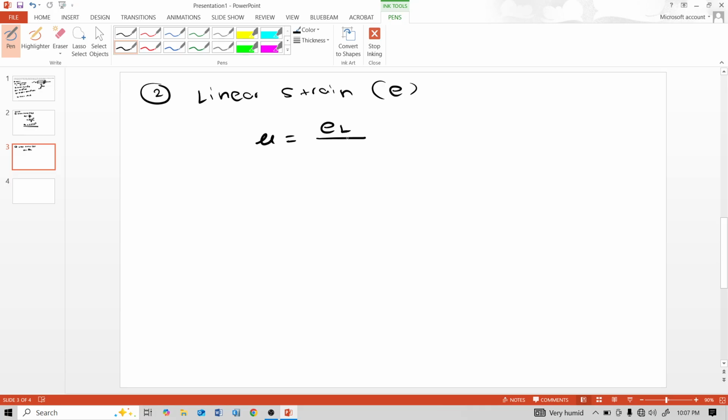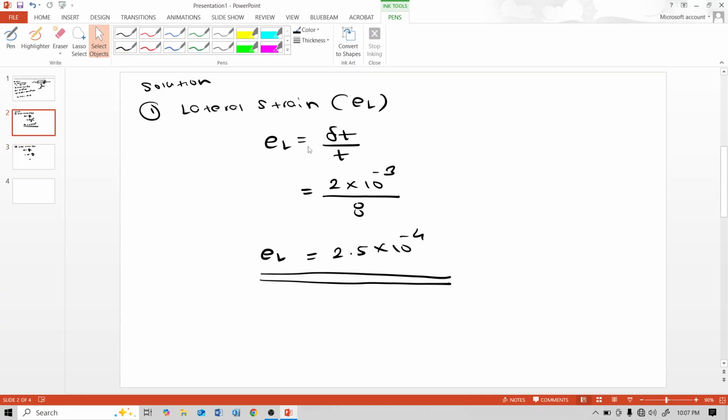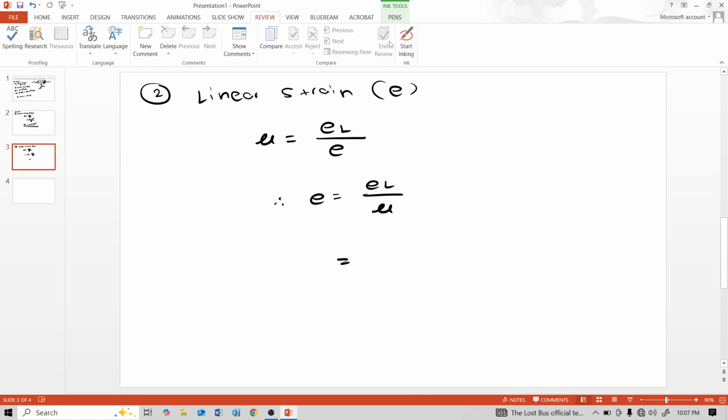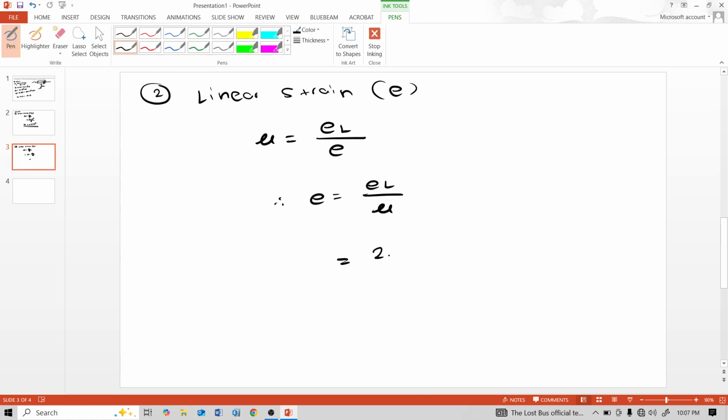See, this lateral strain EL to linear strain E. Therefore E is equal to EL upon mu. And in step 1 we found lateral strain is 2.5 into 10 raised to minus 4 upon mu.